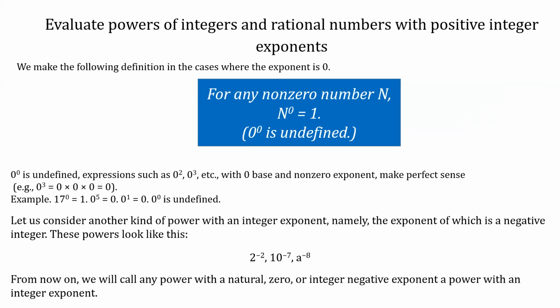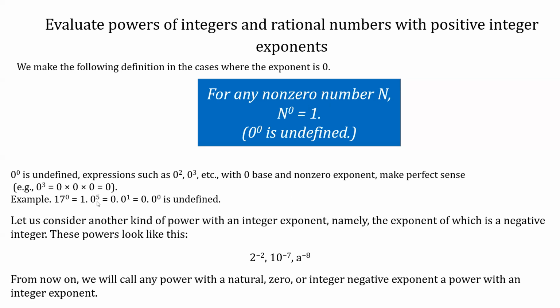So 0 to the power 0 is undefined, and powers with zero base and non-zero exponent make perfect sense. For example, 17 to the power 0, according to this definition, is equal to 1.